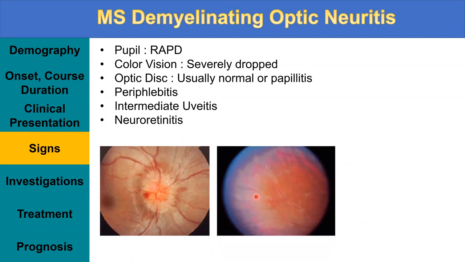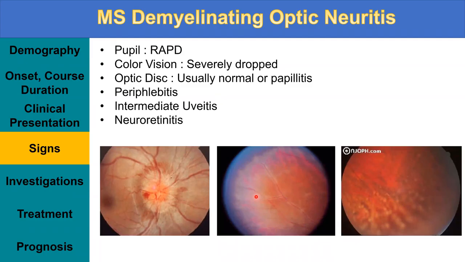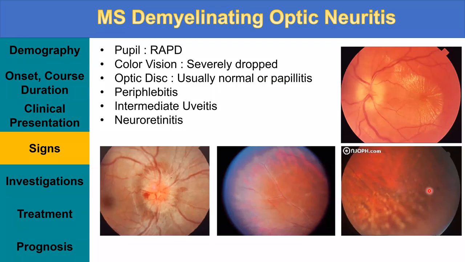Also, MS is one of the common causes of intermediate uveitis. We are going to discuss this in the uveitis section. You can see there are cotton balls present in the uveal tissue, meaning that this patient has intermediate uveitis. Or it can be associated with neuroretinitis.